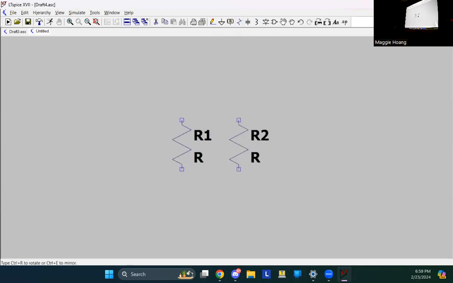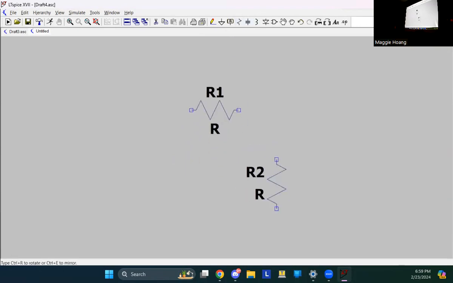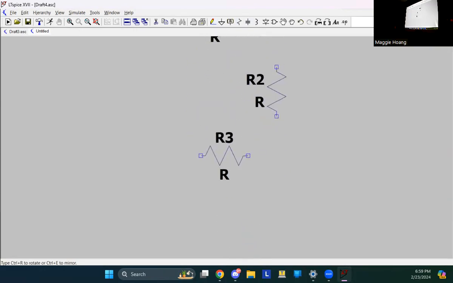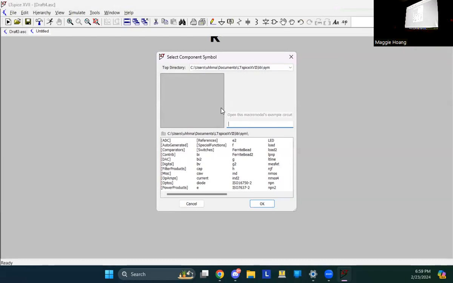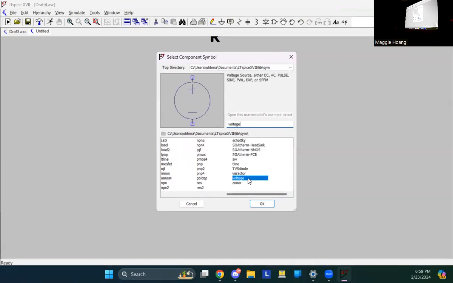Then press Ctrl+R to rotate. Rotate this, rotate that. This is so hard without a mouse. And then you could just go to components, find voltage, right?